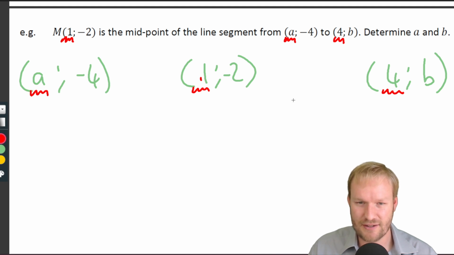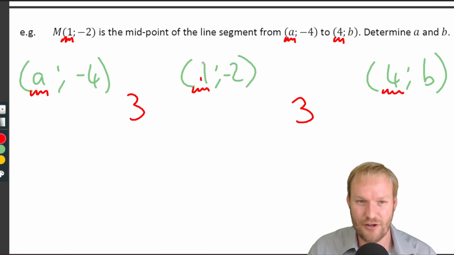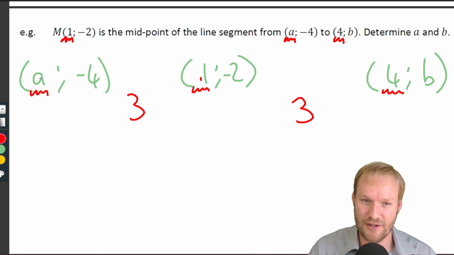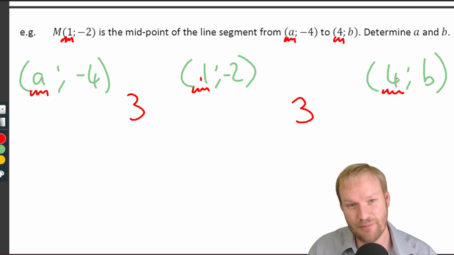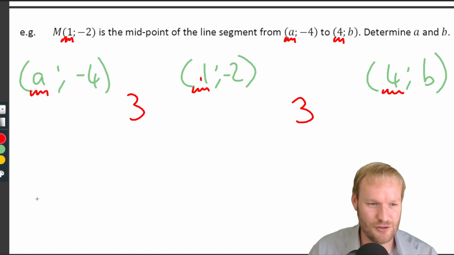So this X distance is 3, which means this X distance must also be 3. So if we go from 1 left by 3, because we went right by 3 here, we should get -2. So I'm going to just put that over here, -2.